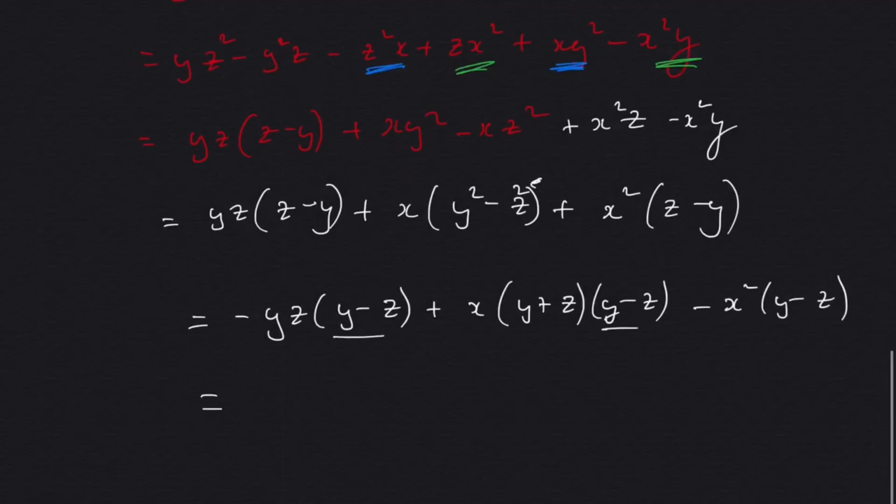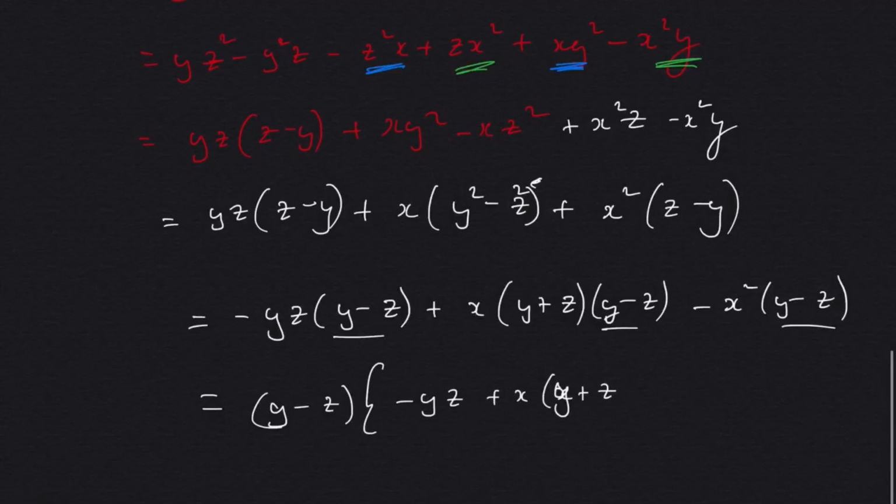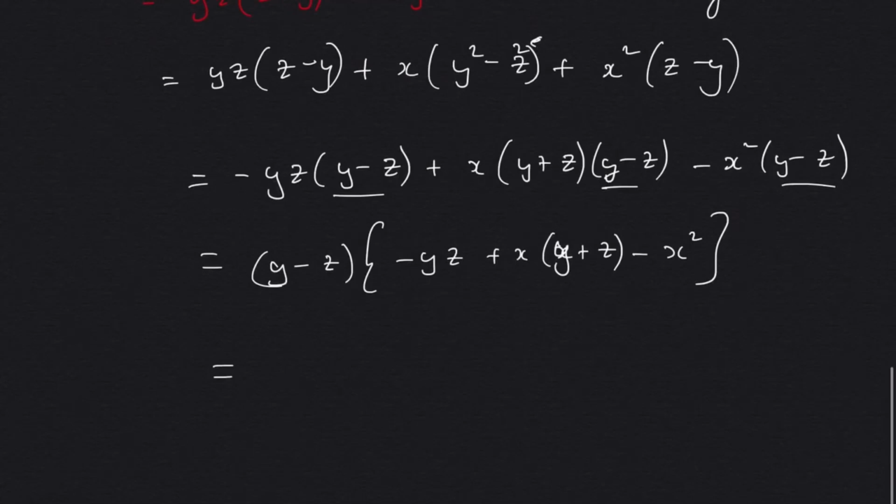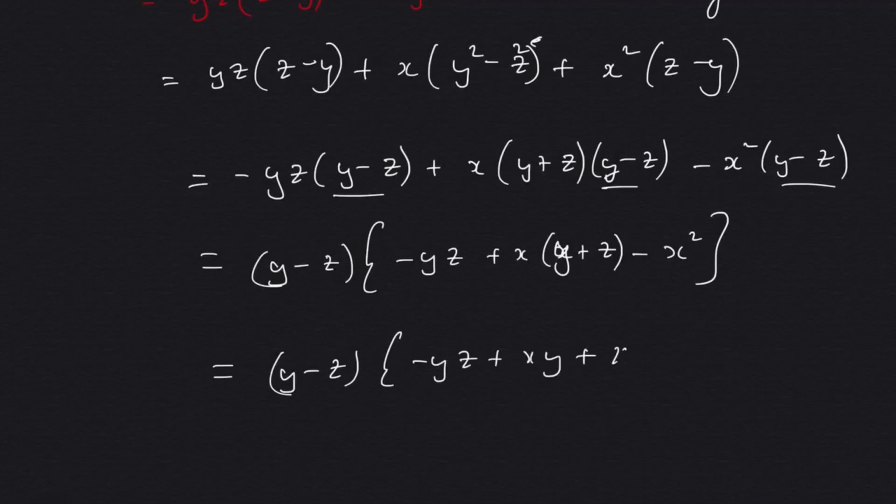So (y minus z) is common in all, and we're left with minus yz plus x(y plus z) minus x square. So (y minus z) times (minus yz plus xy plus xz minus x square).